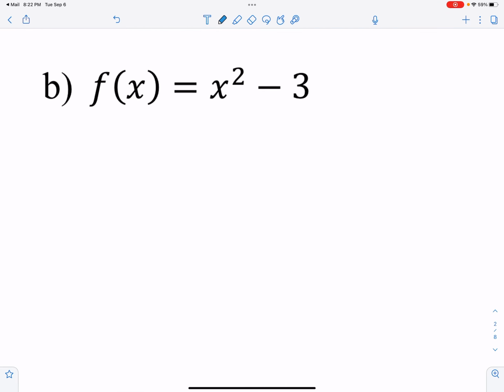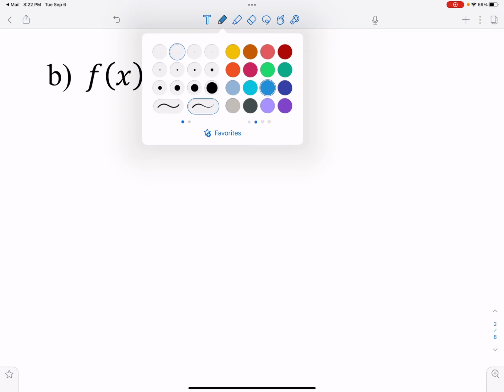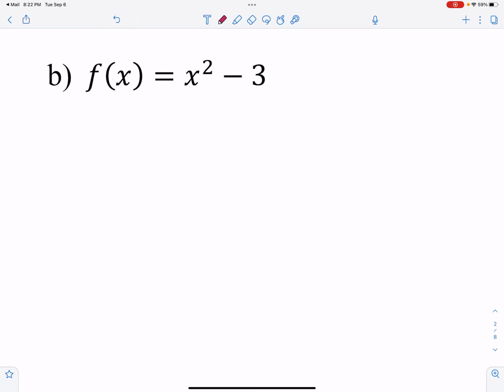Okay, well, x squared minus 3, we just talked about how x squared over its implicit domain of all real numbers does not pass the horizontal line test and is therefore not one-to-one. So let's look at what happens algebraically when we try to see if x squared minus 3 is one-to-one.